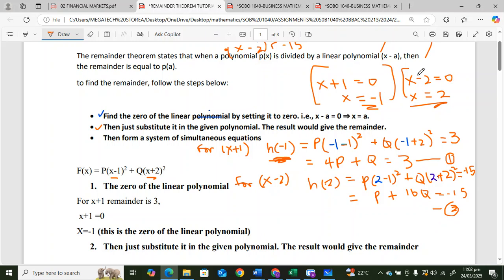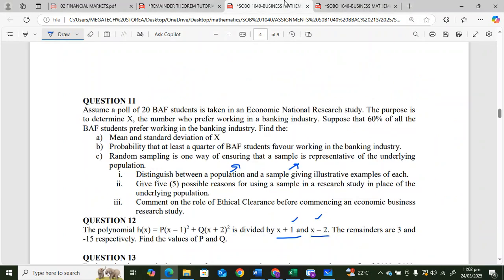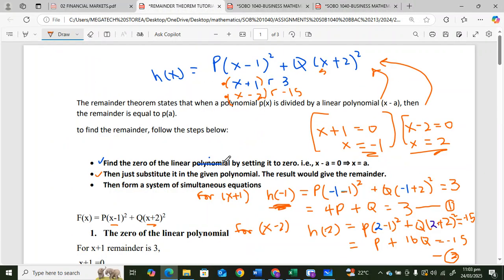It's the remainder. Negative 15. Yes, if you remember this part here. Okay, any questions, colleagues, before we solve the simultaneous equations?